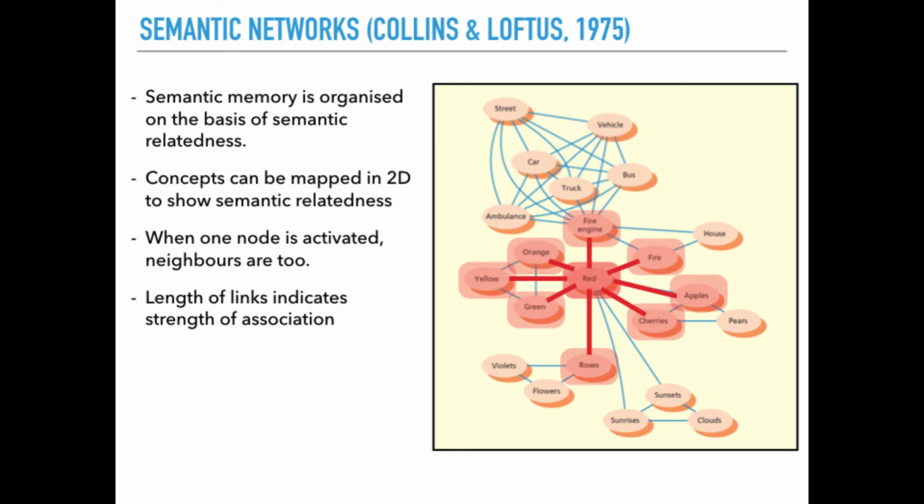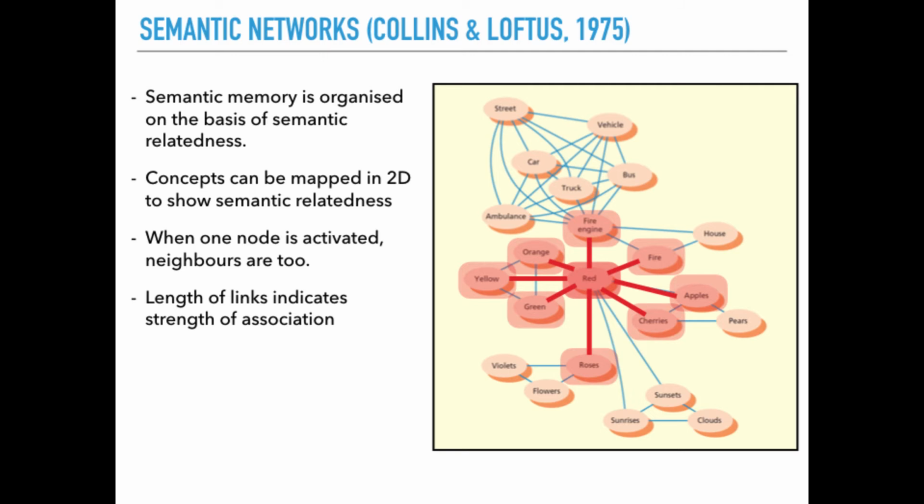So around this organization of the concept of red, those that are the closest distance, such as fire engine, fire, or cherries, are the ones that are suggested to have the strongest semantic association with it. So it's closely related to the concept of red, more so than it is related to more distant concepts such as sunsets.